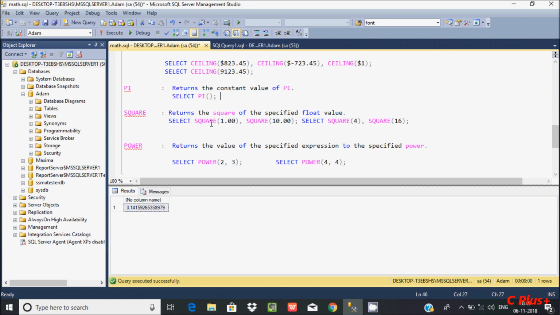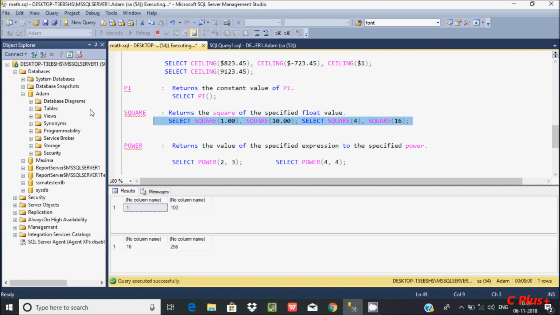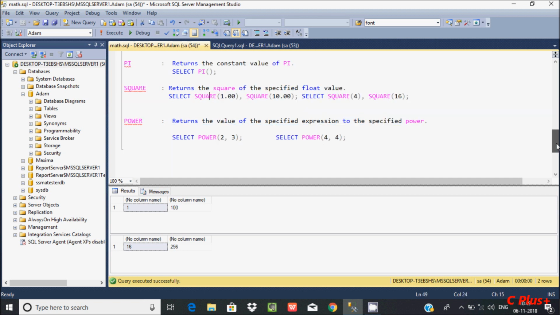Now next is SQUARE. So 1 square is 1, 10 square is 100, 4 square is 16, like that. You can display here by using it, which returns the square of specified float values. Now the next is POWER. So it returns the value of a specified expression raised to the specified power. So select power 2, 3.